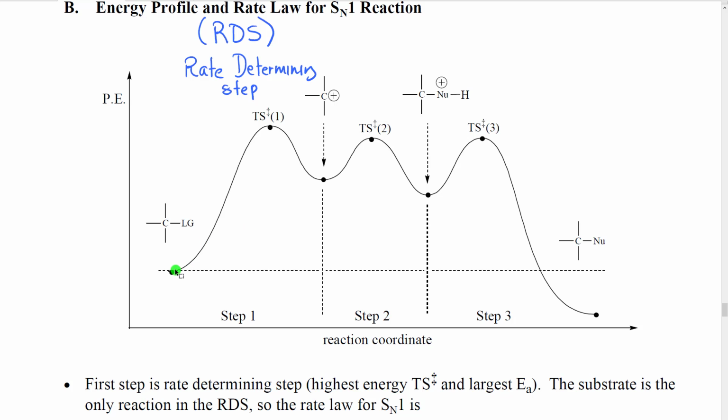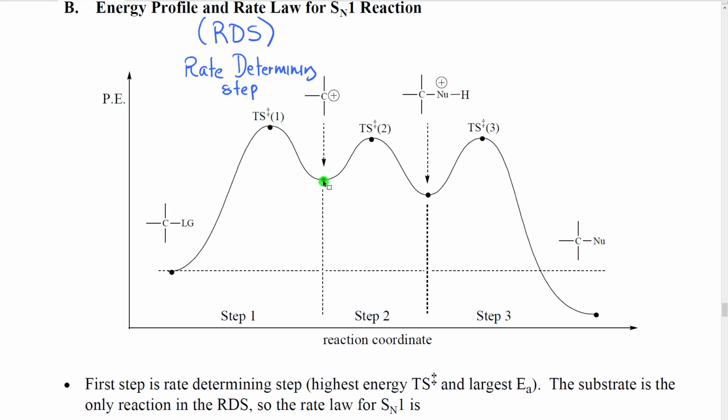Generally, it's accepted that the energy profile for the first elementary reaction should go up to a very high energy transition state and come down to a carbocation intermediate, but that intermediate should be higher in potential energy than the initial reactant. So it would be an endothermic reaction.